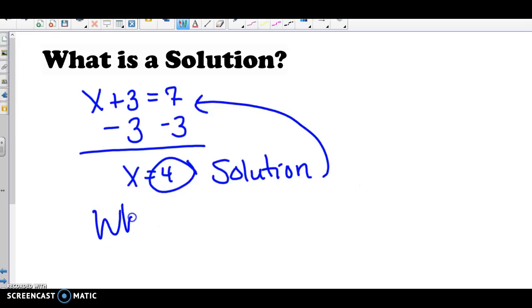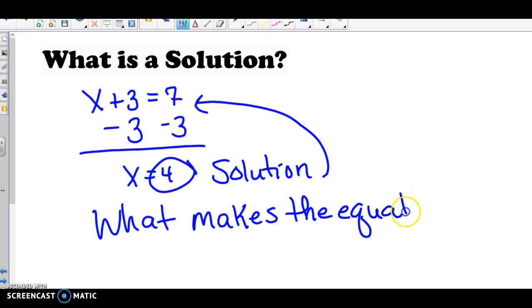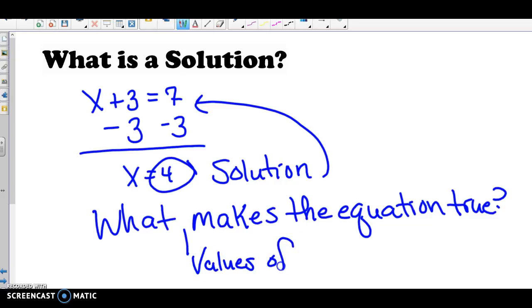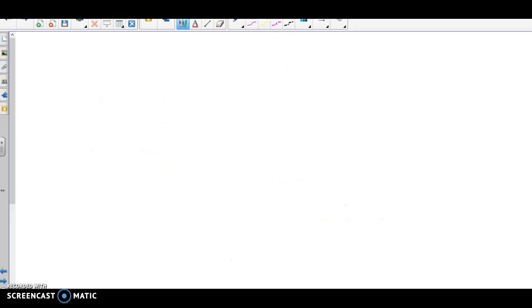It's what makes the equation true or makes it work. So in this case, you're looking for what values of x, because that's our variable, that when you plug them in, it will equal 7. Well, there's only one, and that's positive 4.